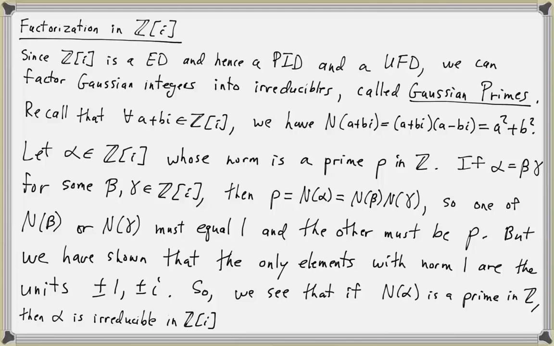So that's the same, again, as saying that alpha is a Gaussian prime. So anytime you have an element of the Gaussian integers whose norm is equal to a prime in the integers, then that element is irreducible, and we call that a Gaussian prime.